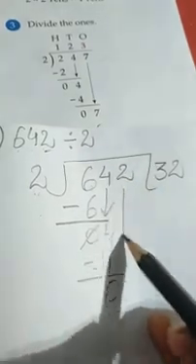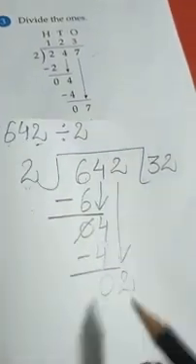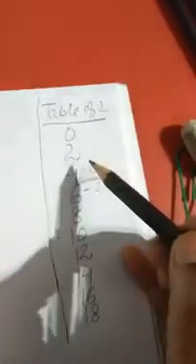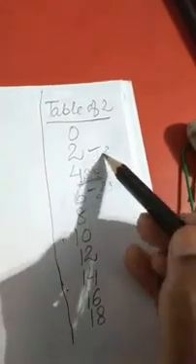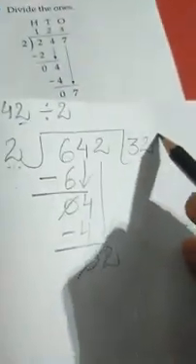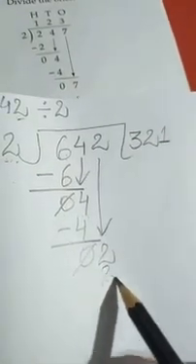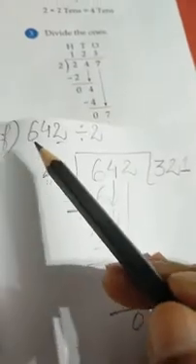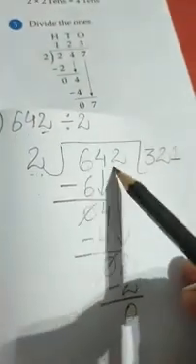Now next digit is 2. We will write it, and we will bring it downside here. Now this 0 we will ignore, and only 2 is with us. Again we will see the table of 2. In the table of 2 we will get 2. 2 ones the 2. Now 2 minus 2 we will get 0, and here you can see 6 4 2 written.